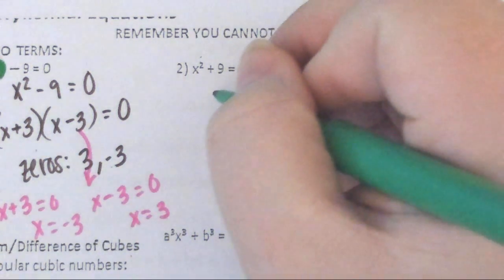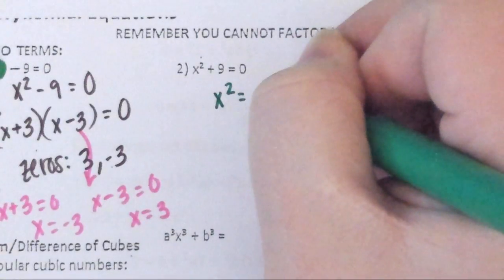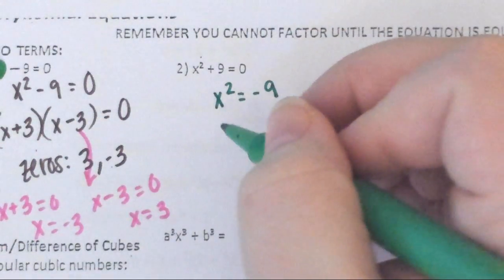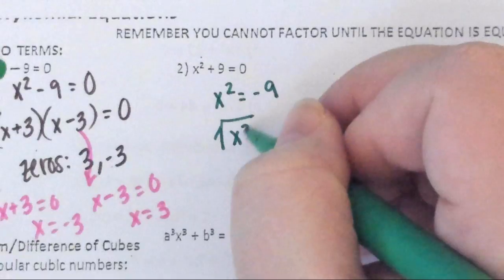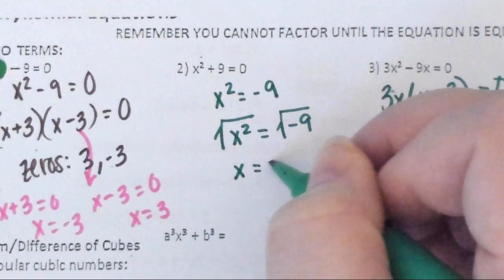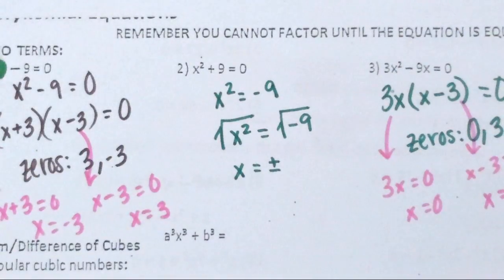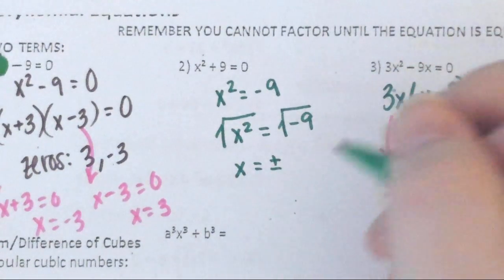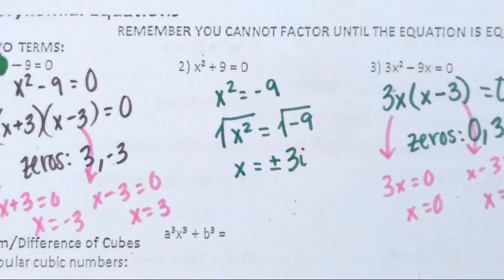But if I solve it and I take the square root of both sides, I'm going to get x equals plus or minus something. 3 what? 3i. I know the square root of 9 is 3. I've got to deal with that negative, so it's 3i.